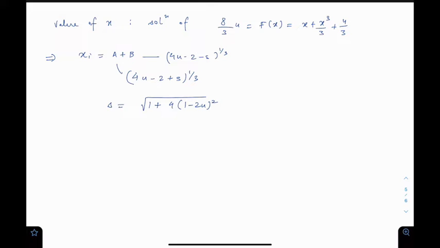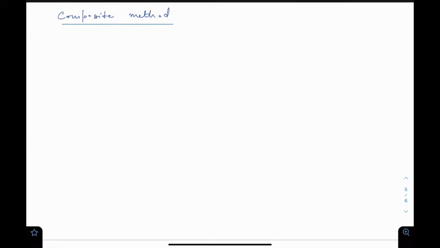Coming to the composite method, we write f(x) as the sum of simpler functions. In this case the choice is quite obvious. The integrals of these functions are easy to calculate.